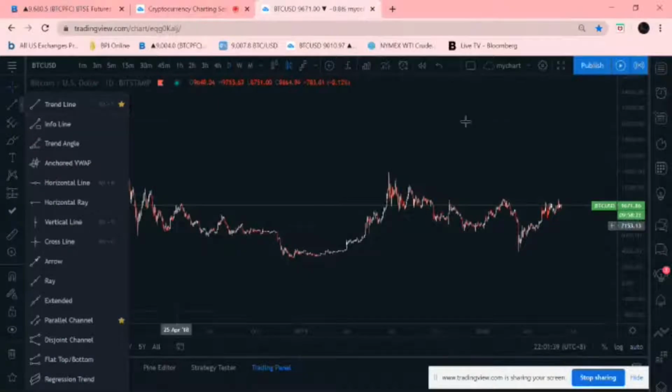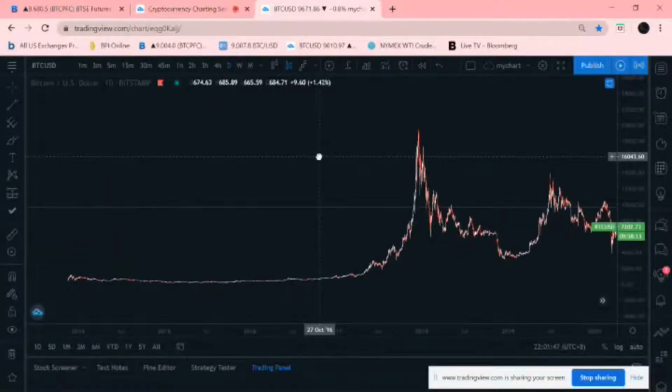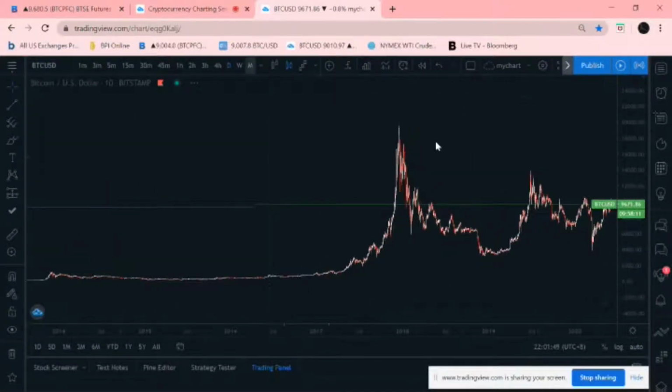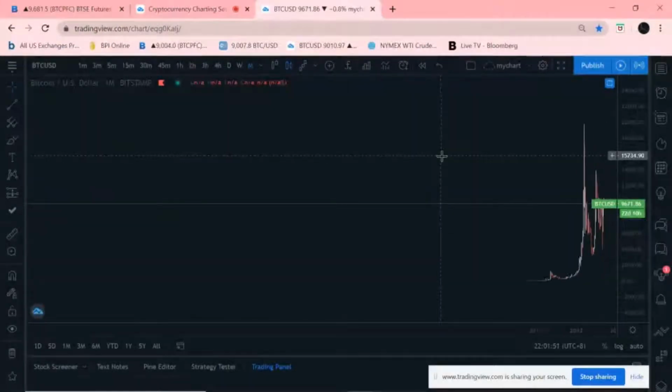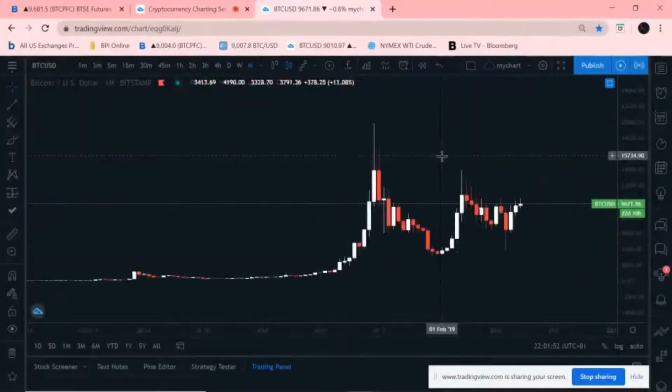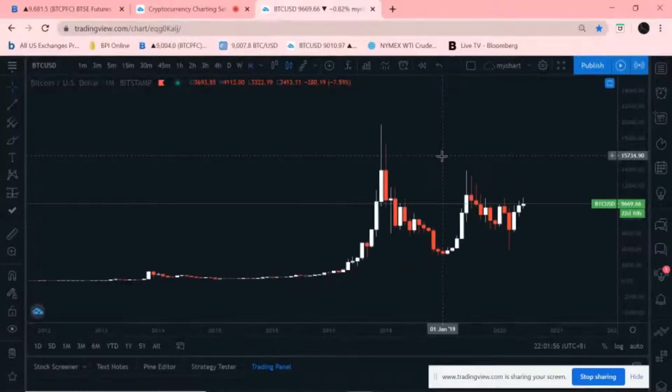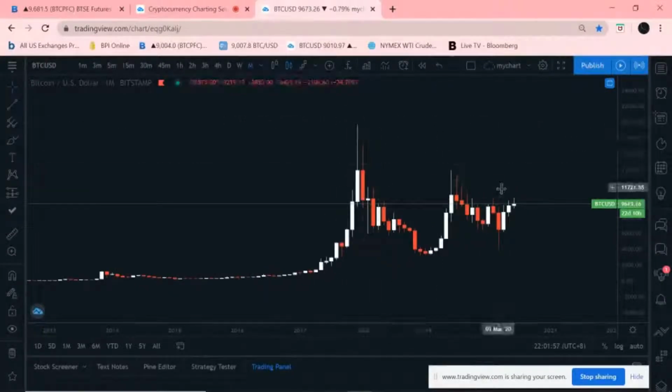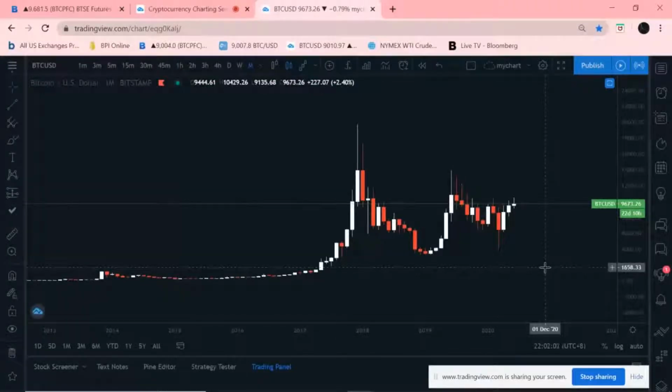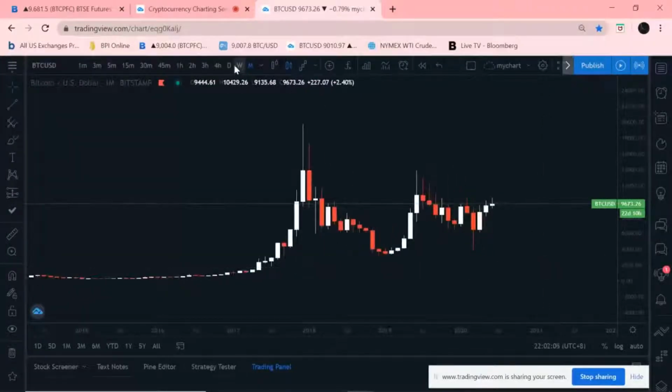Let's see the whole chart first. So this is the whole chart of Bitcoin. As you can see, we're now trading at around 9673.26.